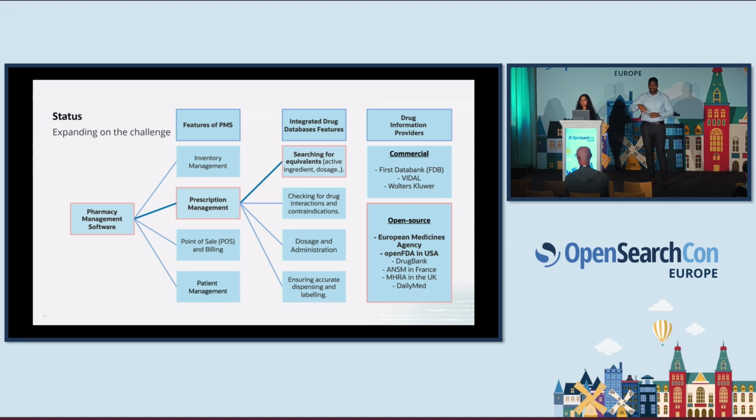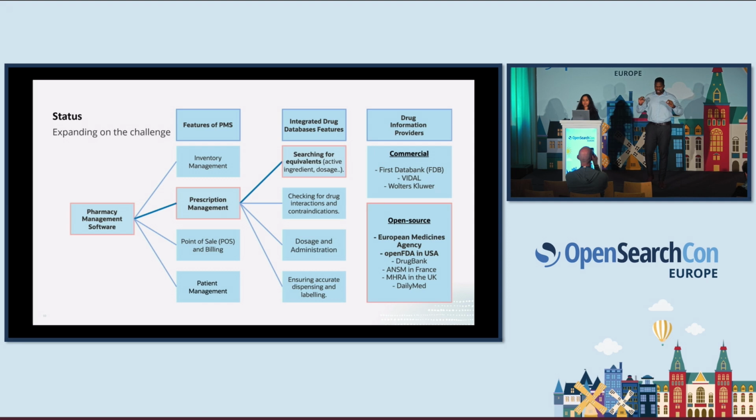In that area, there are usually two types of groups. The first one, we have commercial providers, and on the second point, we have open source providers. That was great news for me. In that group of open source providers, we have obviously the regulators, because their goal is to make sure that there is awareness and all the information they put at our disposition is accessible and reaching the citizens.